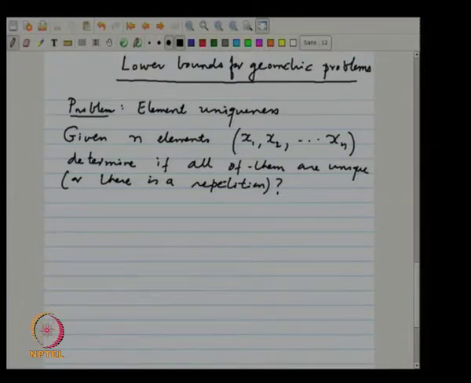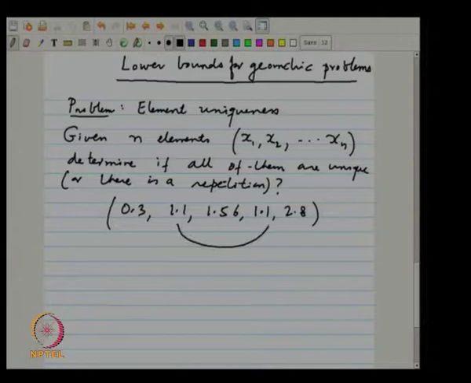So if I am given a point set, like a set of elements which have the following values: 0.3, 1.1, 1.56, 1.1, 2.8. Okay. So this set of elements clearly has a repetition because these two have the same values.